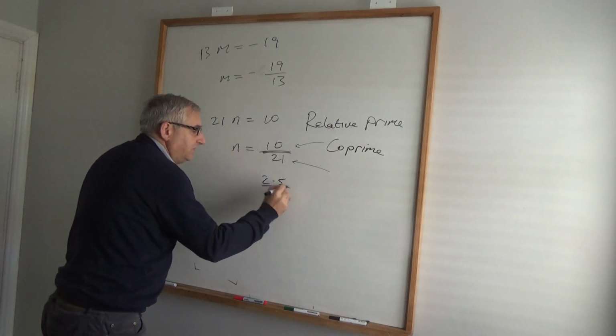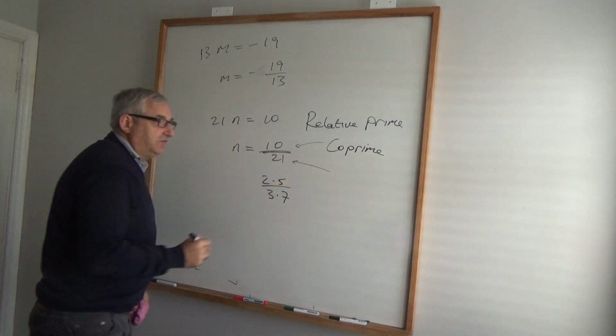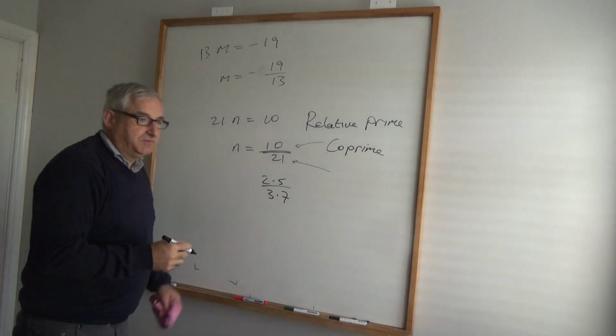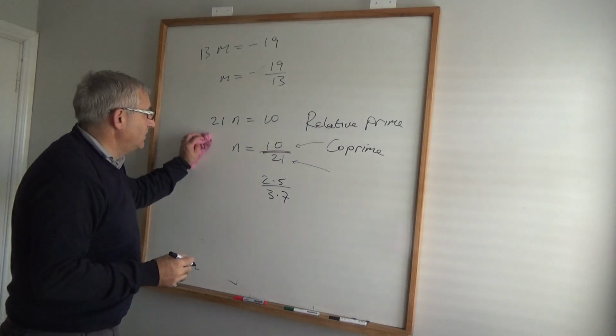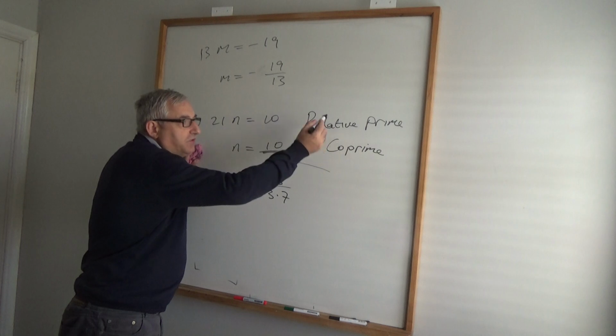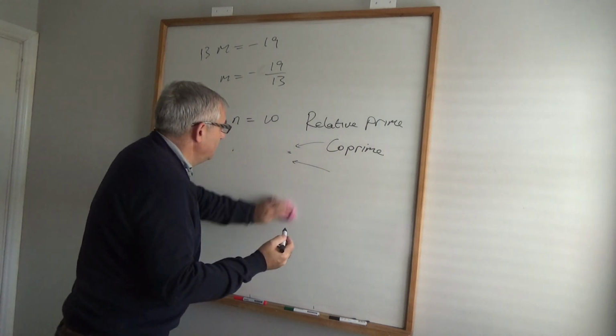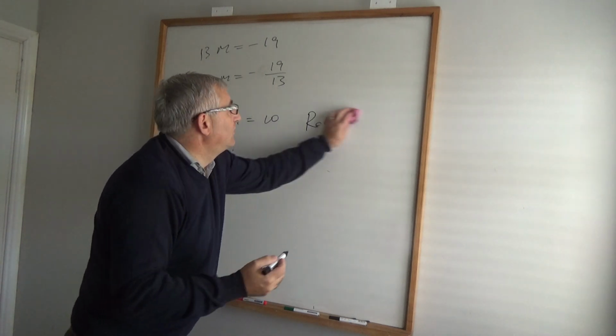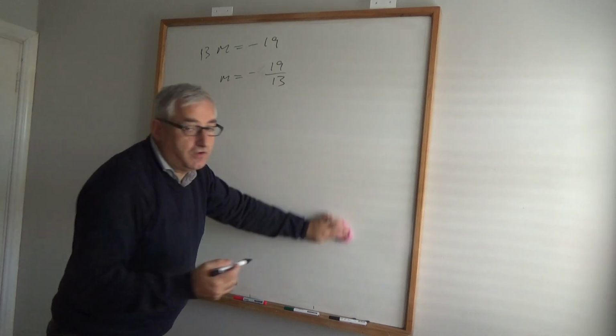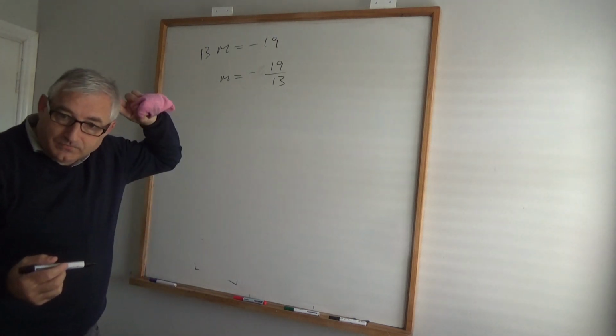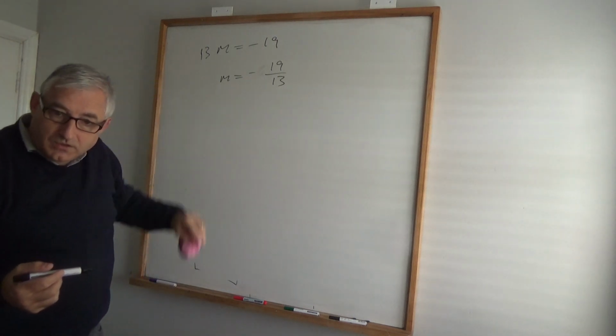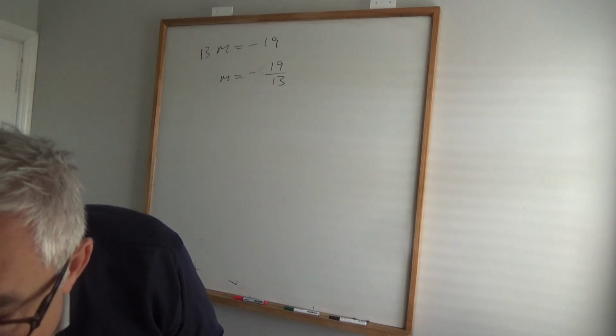At the end of the day this is 2 5s over 3 7s, and when you want to know if something is cancelling, you need to be looking at prime factors. So that's why the whole business of number theory and prime numbers is important in this. But at the end of the day your calculator can cut through all of that and sort it out for you. Okay, that's the end of that.